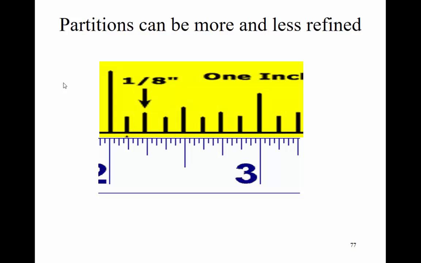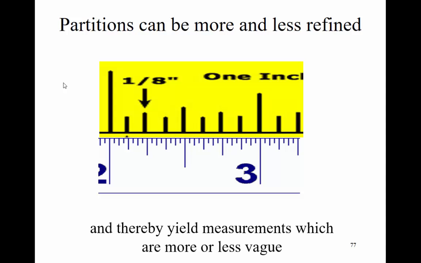Now, we haven't got the full story here. It's very easy to do this kind of thing with inches. It's less easy to do it with other kinds of units of measure, as we will see. Now, when we make partitions and when we count and when we measure, we may be interested in very precise measurements, or we may be interested in very rough measurements.